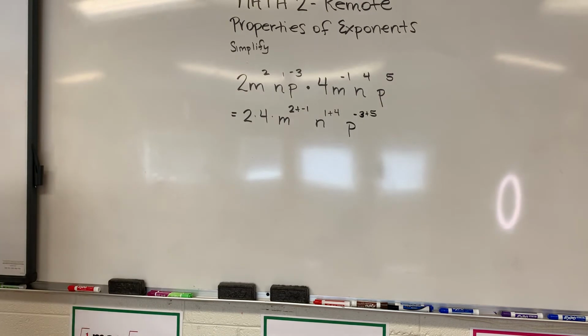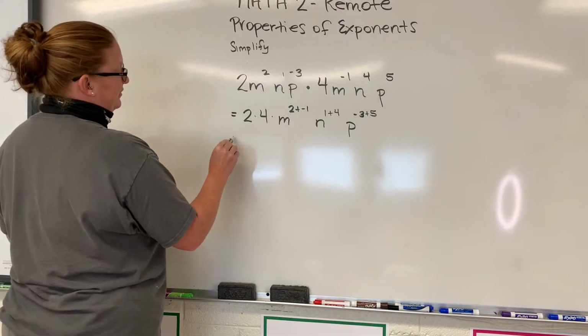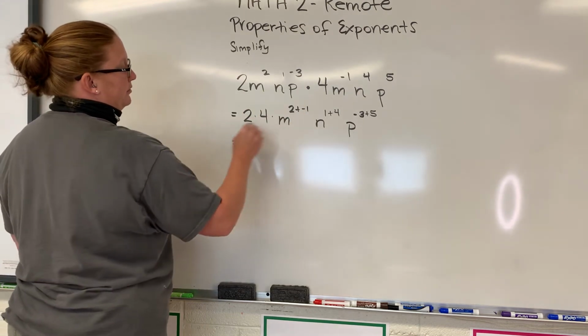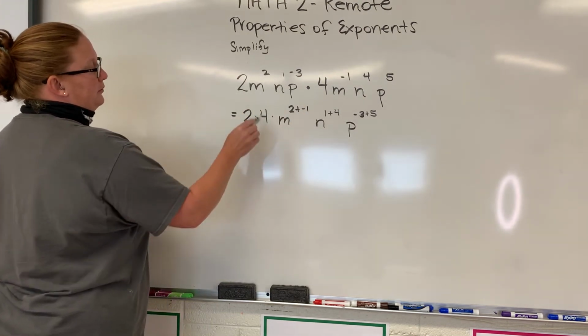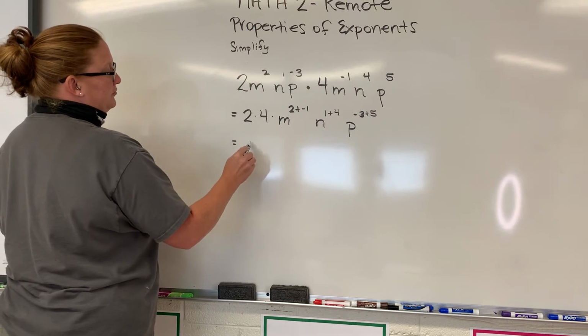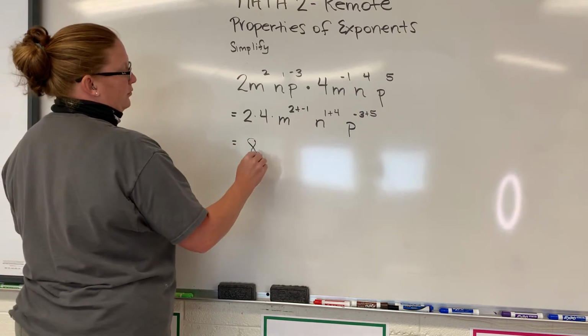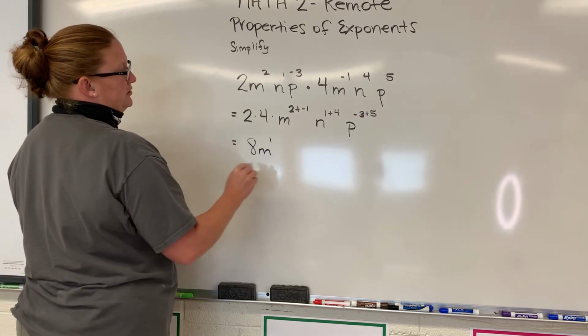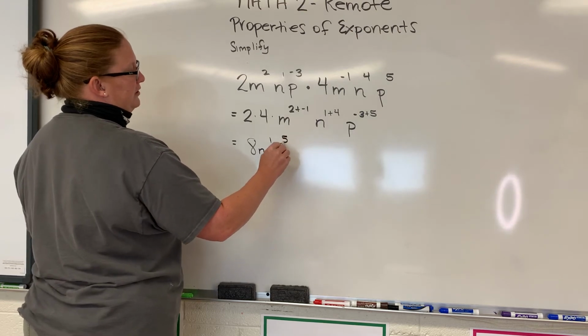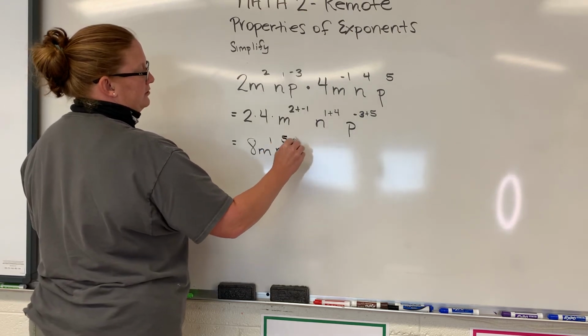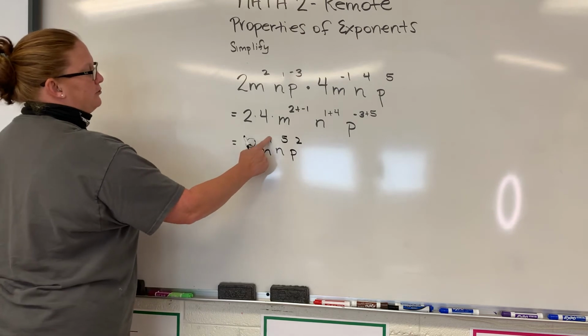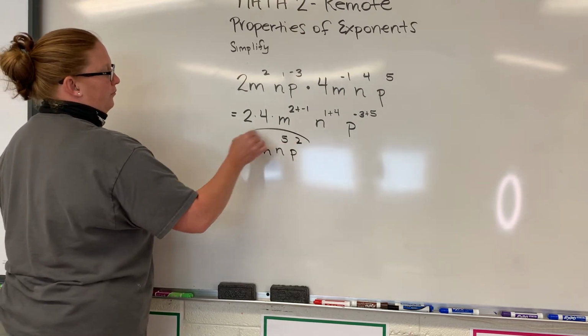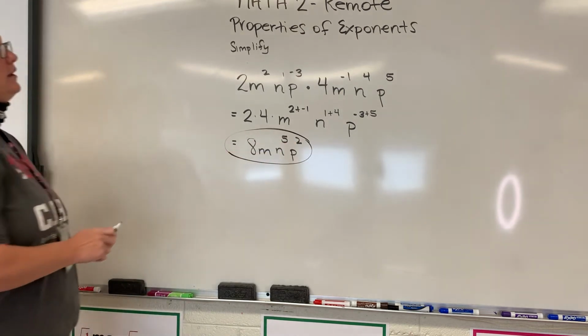Once I get it all written out, you can probably skip this step eventually, but now we just simplify. So 2 times 4 is 8, then we have m to the first, n to the fifth, and p squared. I do not have to write the 1 here. And that would be my answer.